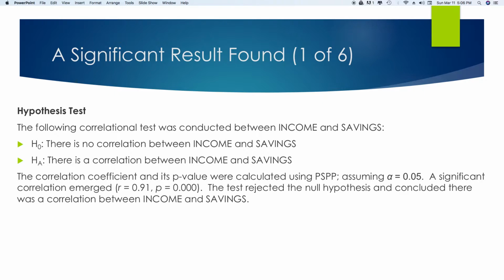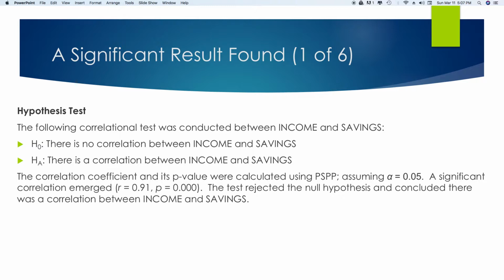And once we did our analysis in PSPP, in which we ran that by selecting the bivariate correlations, two-tailed test, and to flag significant correlations, we found the following. The correlation coefficient and its p-value were calculated using PSPP, as I mentioned, assuming that alpha equals 0.05.